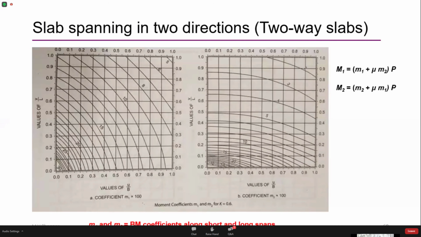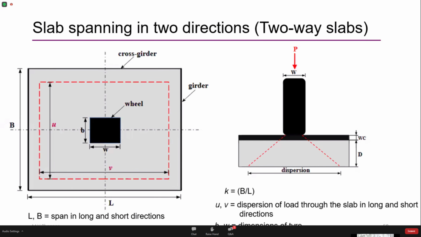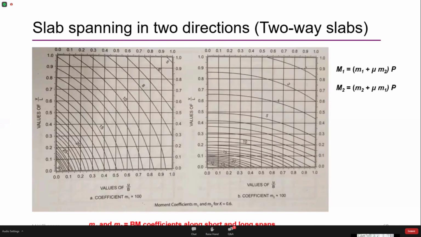These charts can be read for different values of K, where K is the aspect ratio, and for different values of u/B and v/L ratios, where this is u, this is B, this is v, and this is L. K is the ratio between B and L. For different values, he has given these charts.